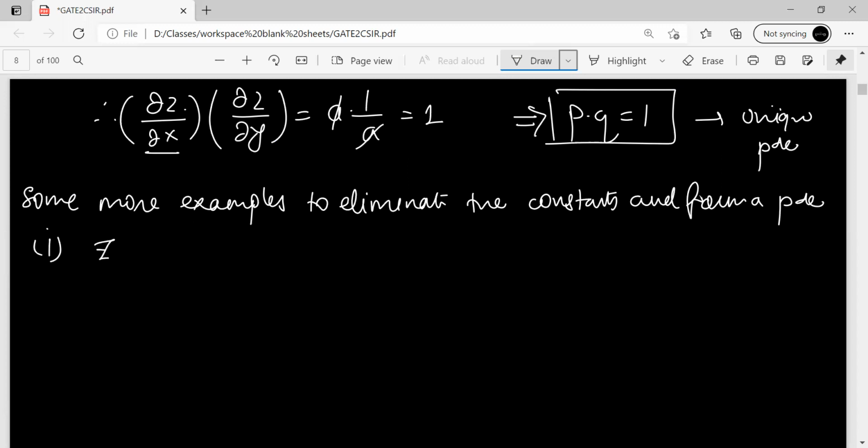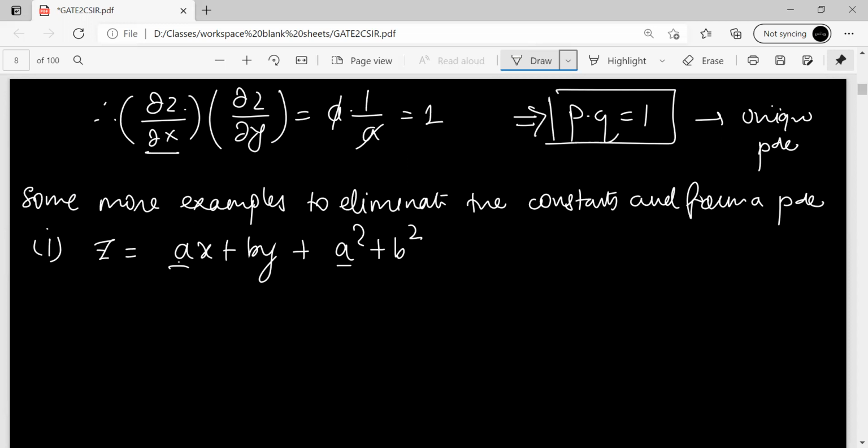First example is, and please note that a and a square are the same constant, so you should not expect that a square and b square are 4 constants.